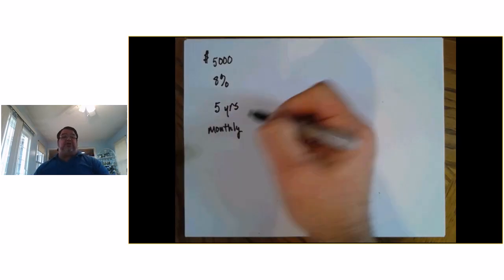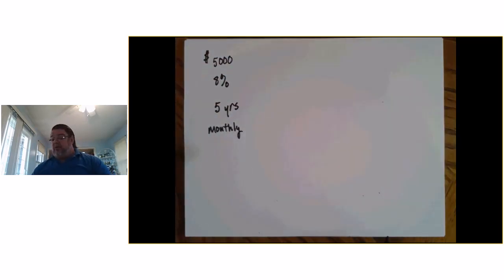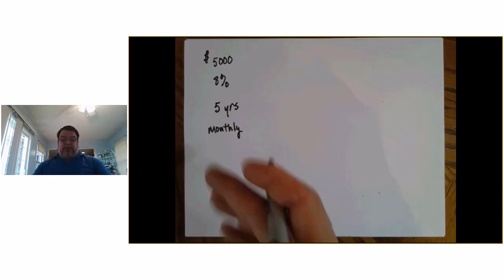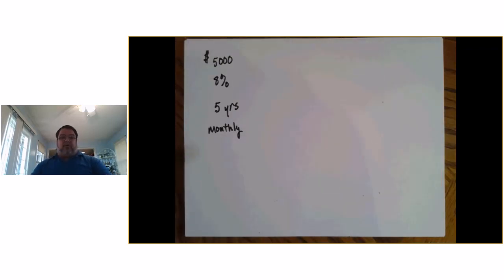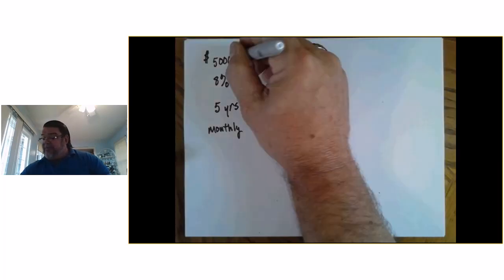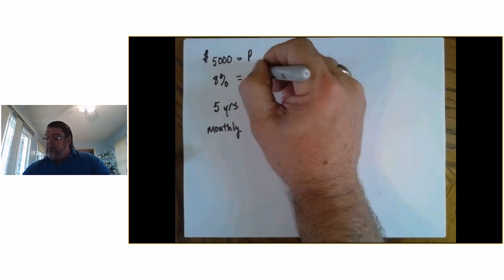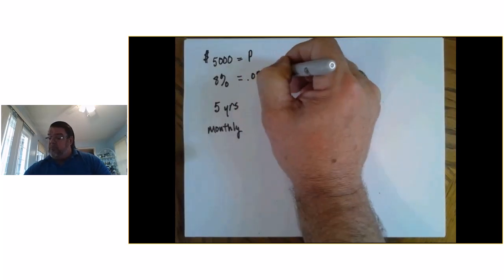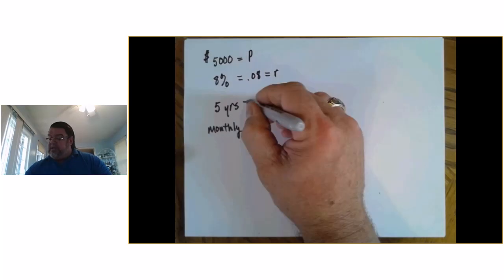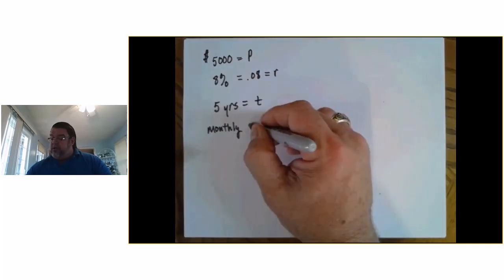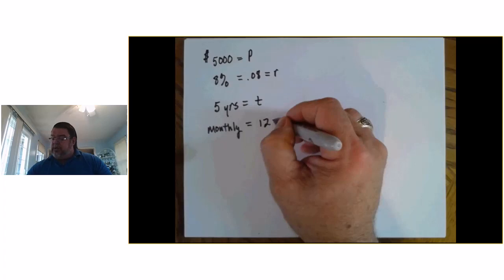Now when you read the paragraph, you need to pull that out. So P is equal to 5,000, R is equal to 0.08, 5 is equal to T, and 12 is equal to N.